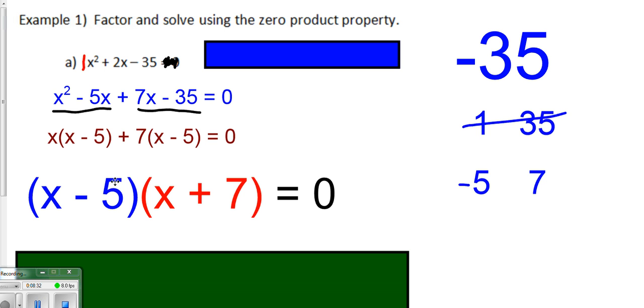So these are our two factors that would multiply out to make this trinomial, or this equation. I'm going to get rid of that 1. This piece you see here is exactly the same as this piece. The only difference is this is written out as a trinomial, this is written in factored form.